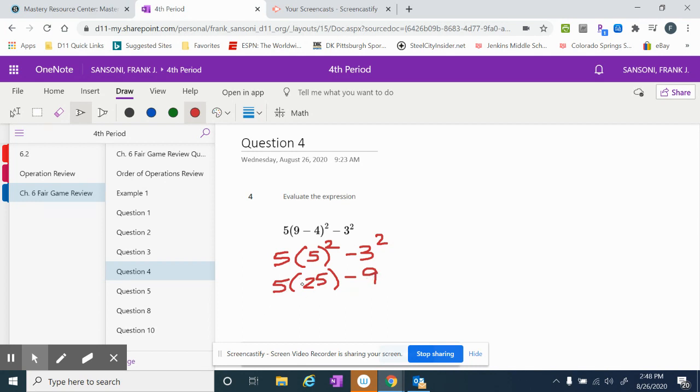When the 2 items are pushed together, it's multiply. And then I have subtraction. So obviously I'm going to multiply before I subtract. So 5 times 25 is going to be 125, minus 9. And 125 minus 9, let's try to sneak it in here, 116. So 116 is your answer for number 4.